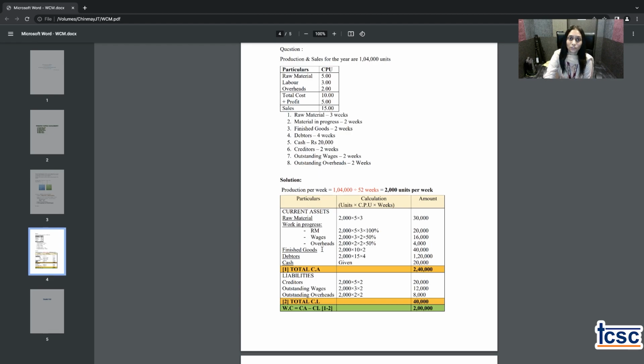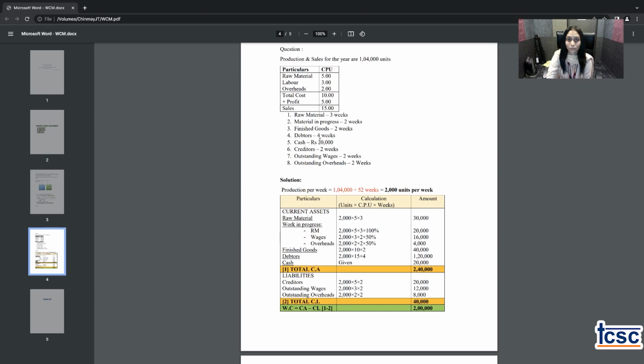Why? Because raw material, labor and overheads, all the work has been done, and therefore finished goods are to be calculated on total cost. Now finished goods, again, unit you will take 2000. If you see, the total cost of the product is rupees 10, so 2000 into 10 into, if you see the duration, finished goods is of 2 weeks, so into 2 will give you 40,000.